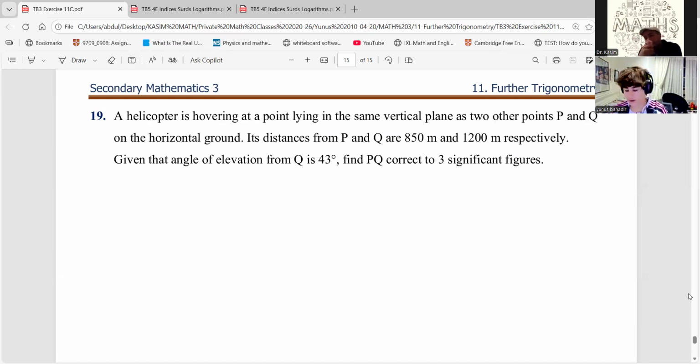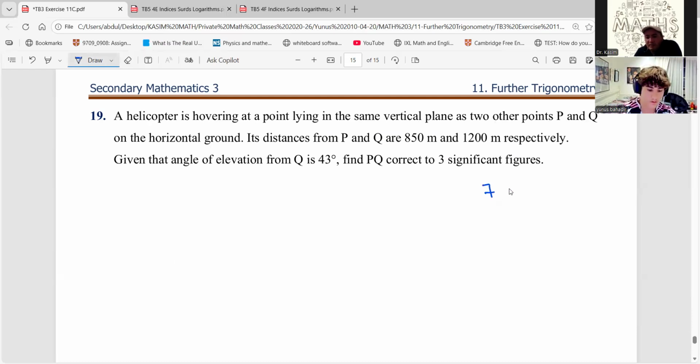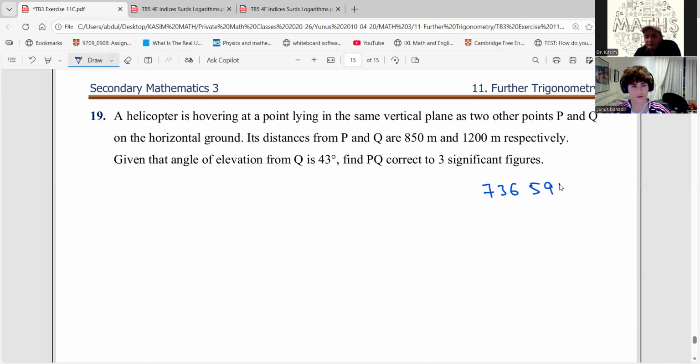It can be a whole number. For example, let's say the population of Houston is 3,736,591.